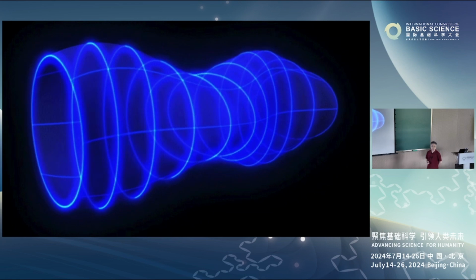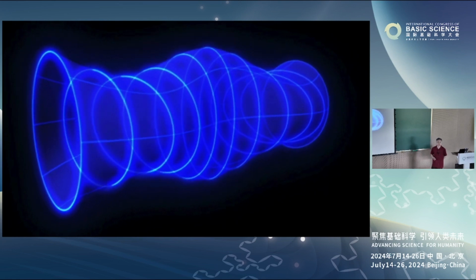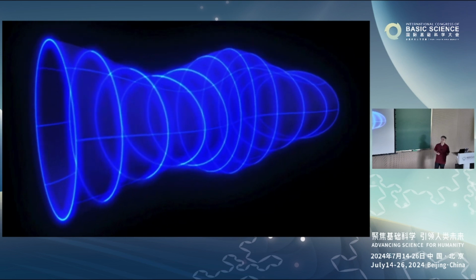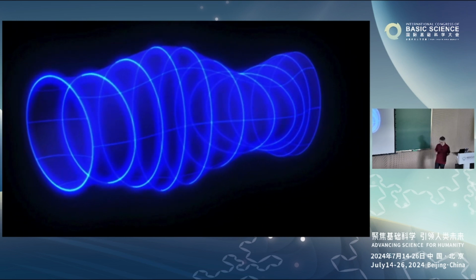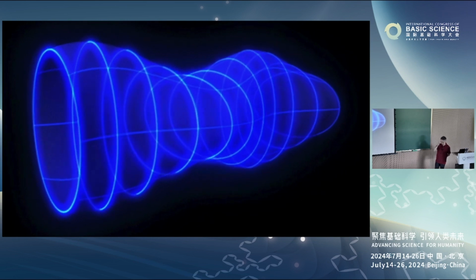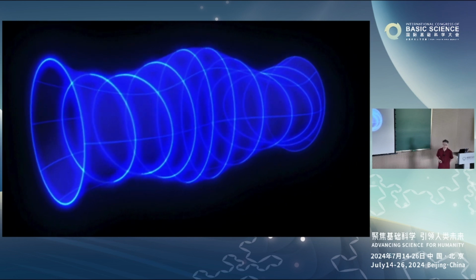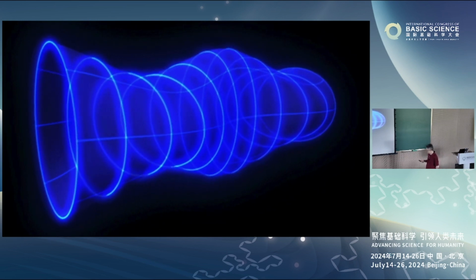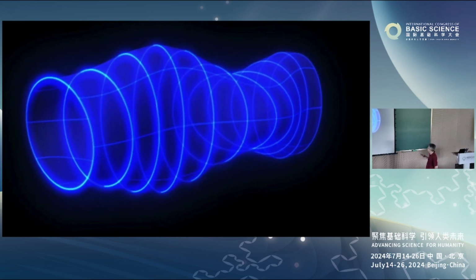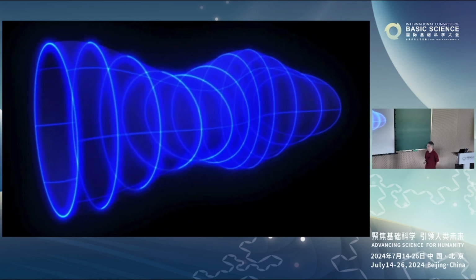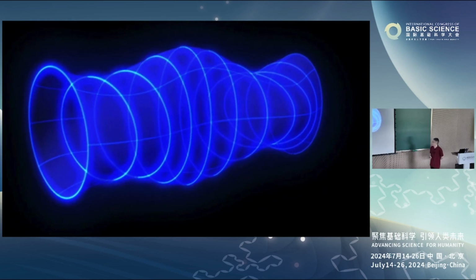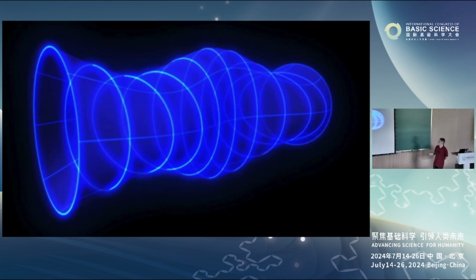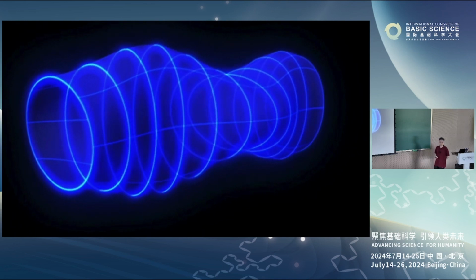Of course, we still expect to see the gravitational wave change the space-time of our universe. We know the gravitational wave in general relativity is a transverse mode. So here we consider a gravitational wave propagating along this direction, and there are two perpendicular directions, one is the x direction, another one is the y direction.